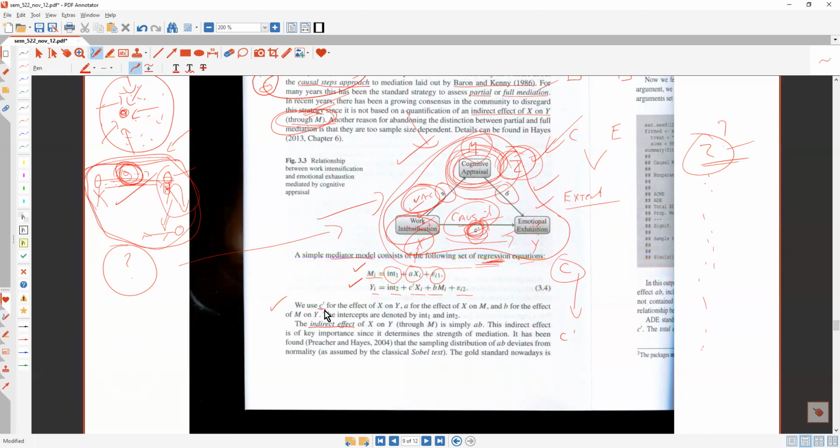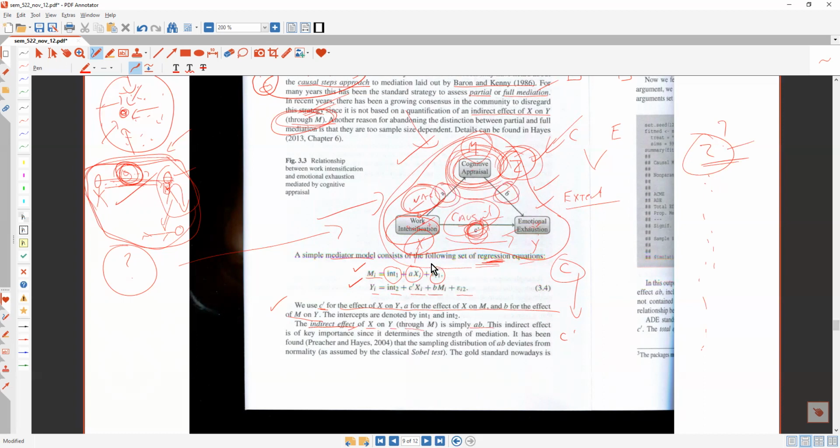So we use C prime for the effect of X on Y, A for the effect of X on M, and B for the effect of M on Y, and there are the intercepts. And we say that the indirect effect of X on Y through M is simply AB, this one times this one.